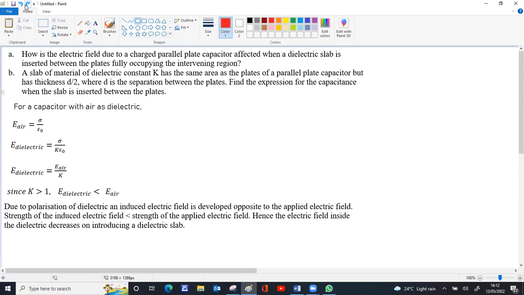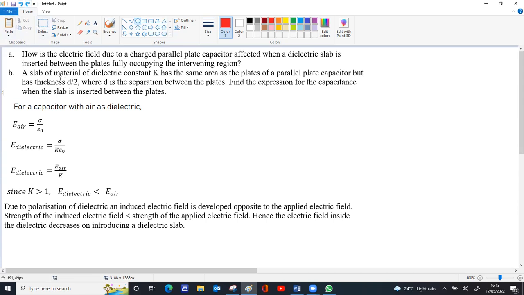So the net electric field will be reduced because of the induced electric field produced in the opposite direction. For more clarity, we can check the effect of a dielectric placed in an external electric field. This is for the first part.